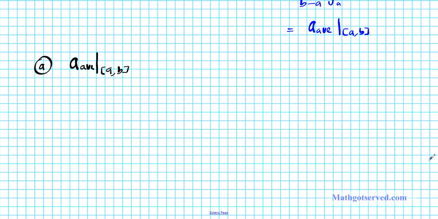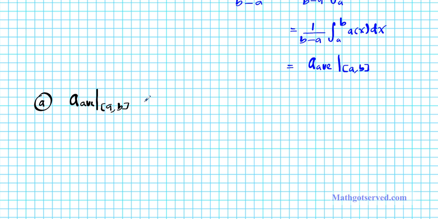Then I'll input my a and b values. So the average value of the acceleration from a to b is given by 1 over b minus a times the integral from a to b of a(t) dt.